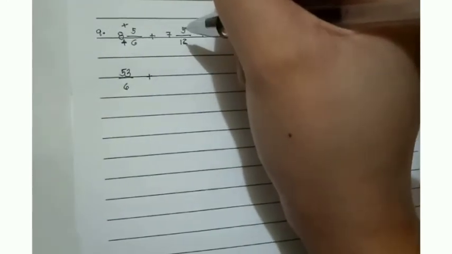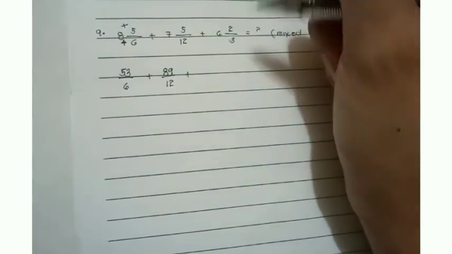Then, copy lang natin yung denominator, which is 6. Next, 12 times 7 is equal to 84 plus 5 is equal to 89. And then, copy lang natin yung denominator, which is 12. Next, 3 times 6 is equal to 18, plus 2 is equal to 20. Then, copy ulit natin yung denominator, which is 3.